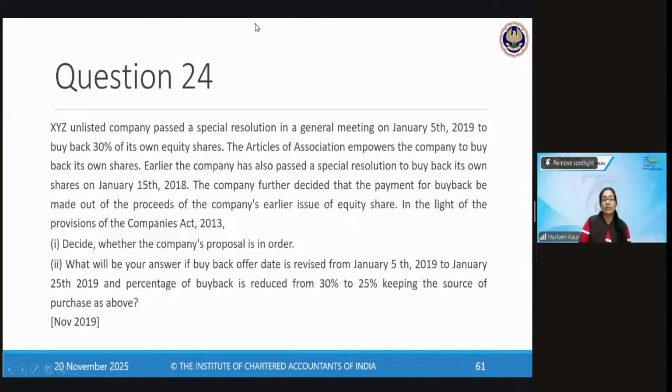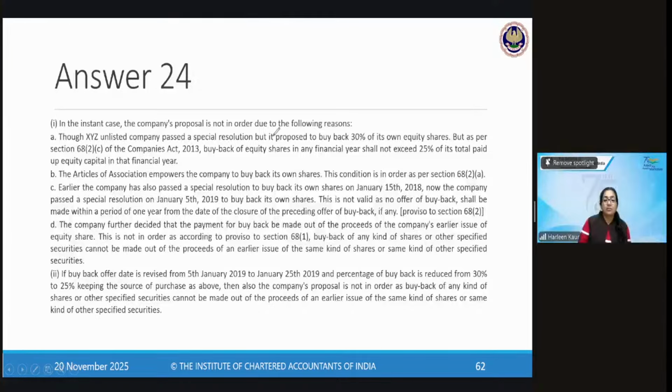First of all, you will tell them that the company has passed the SR, but it is proposing to buy back 30%. The buyback in any financial year should not exceed 25%. So this is not correct. The AOA should authorize the buyback as per section 68, subsection 2, clause A. The AOA has to give the authorization and an SR needs to be passed. Now, since the company has passed the SR on 5th January, this is not valid as no offer of buyback can be made within a period of 1 year from the date of closure of the preceding buyback.